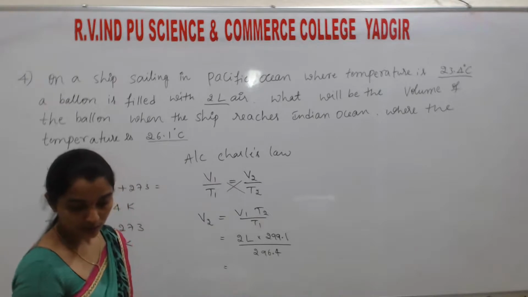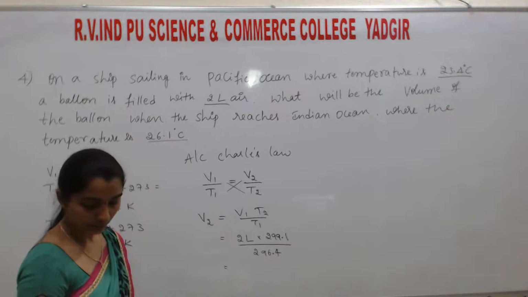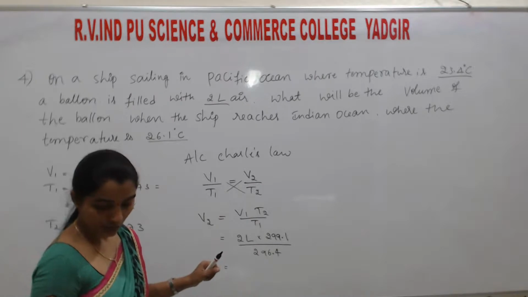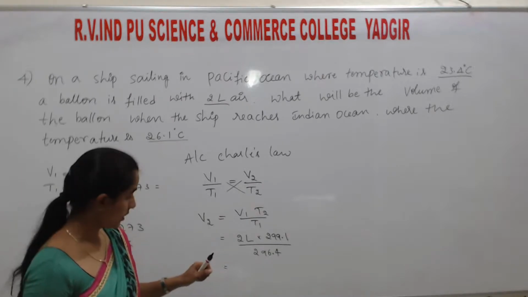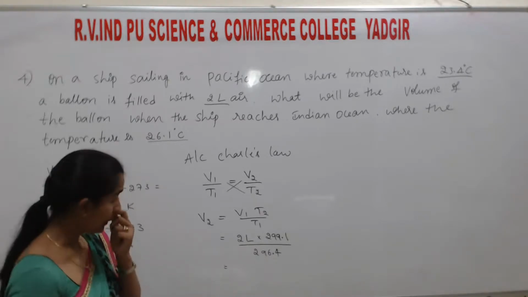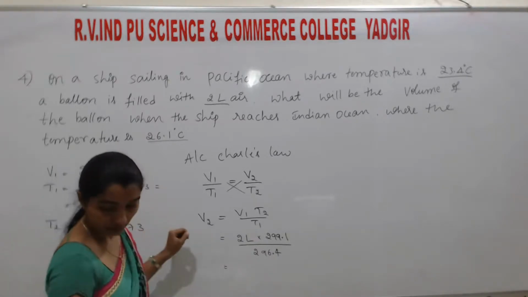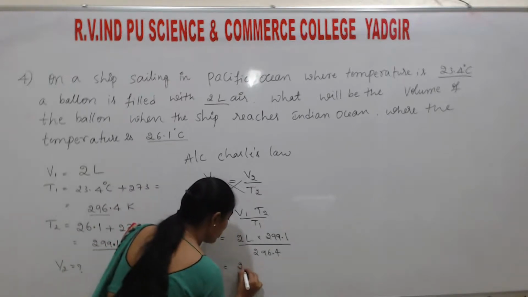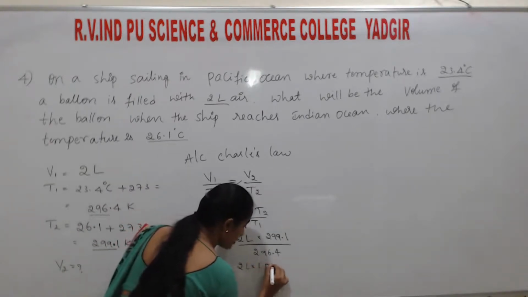You use the calculator yourself, students. You get approximately 299.1 divided by 296.4. Approximately, you will get 1.009. 2 liter into 1.009.